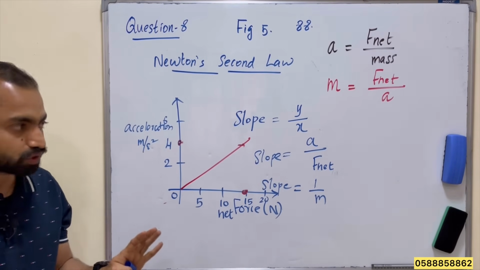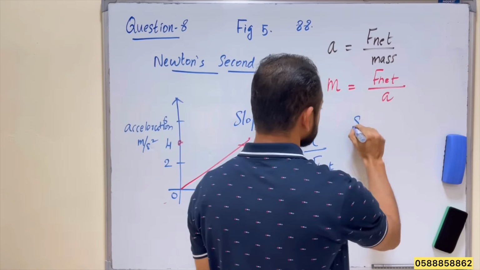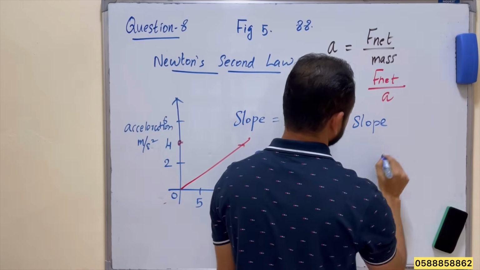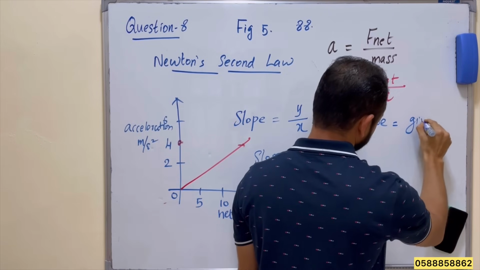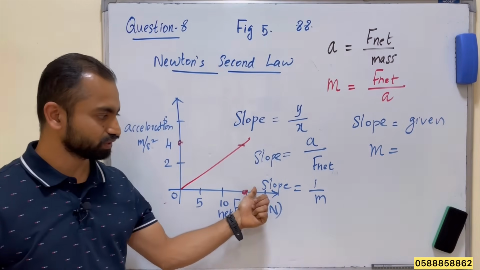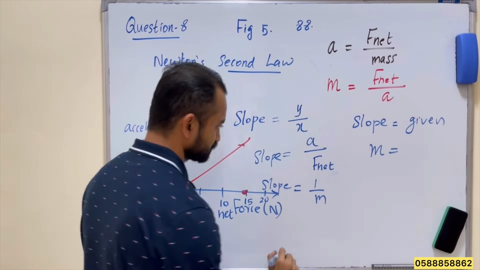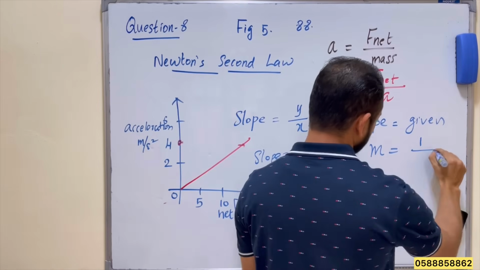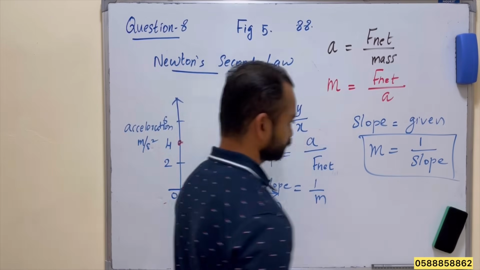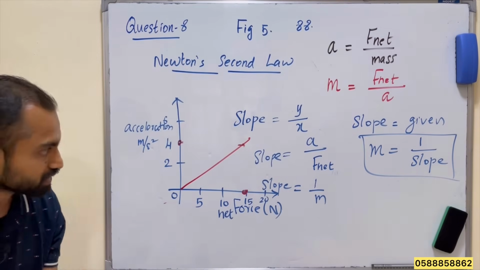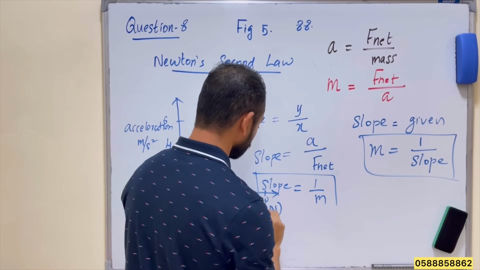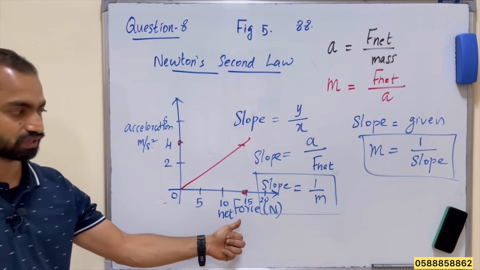So suppose the slope is given and the question is to calculate the mass. How will you calculate it? Mass is equal to 1 by slope. So mostly you can expect this question: what is the slope of the acceleration against net force graph?